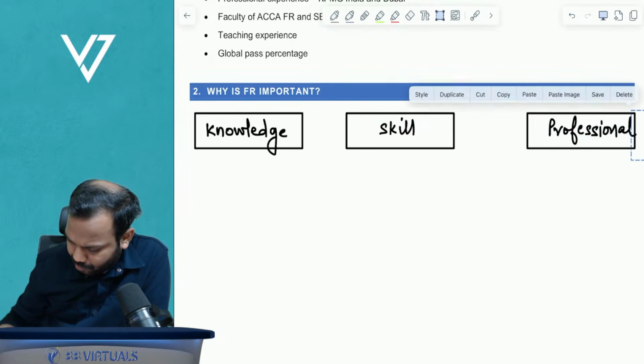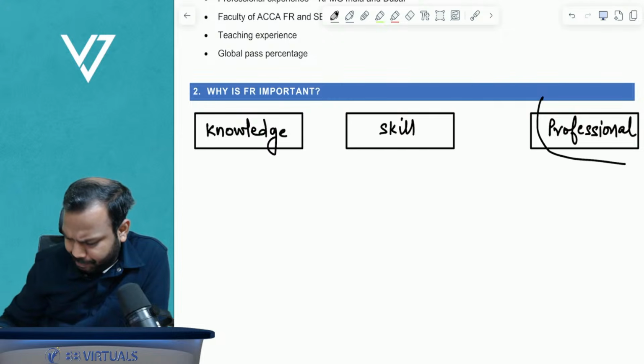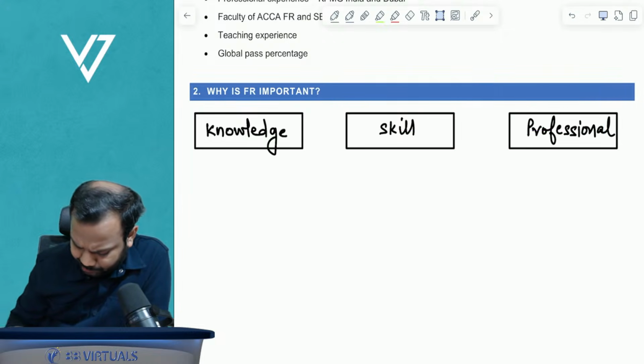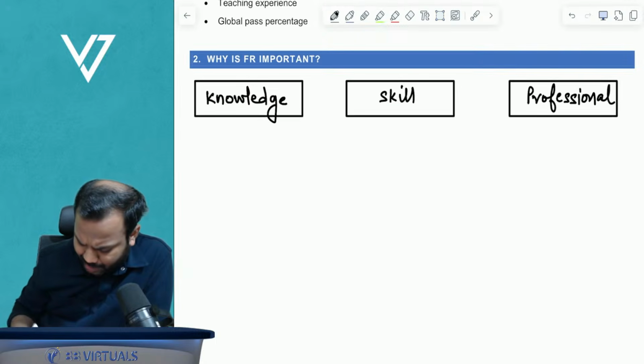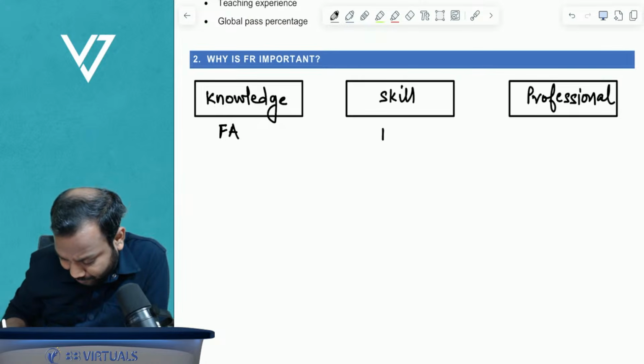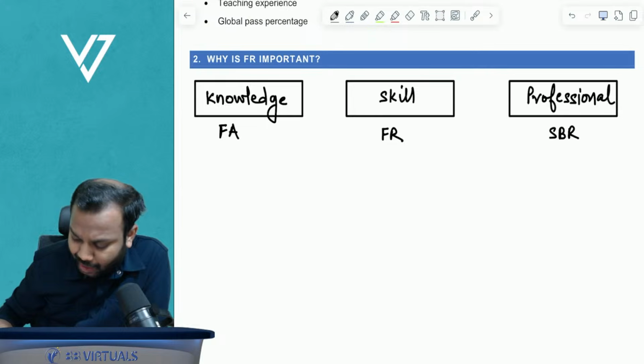Now, accounting as a paper is there in all three levels. At the knowledge level, it is called FA. At the skill level, it is called FR. And at the professional level, it is called SBR.